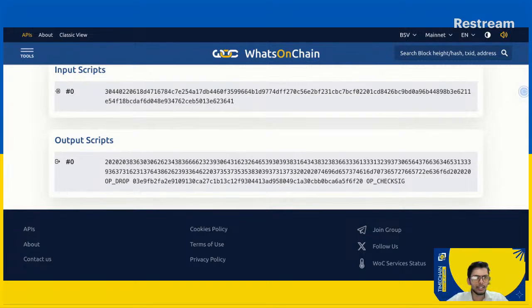So there are different locking scripts that can hold the coins. There is the standard script, which is holding the coins, in which you don't have to write any smart contract. There are 5 standard scripts given by default, which include pay to public key hash and pay to public key. Pay to public key is basically a standard transaction.